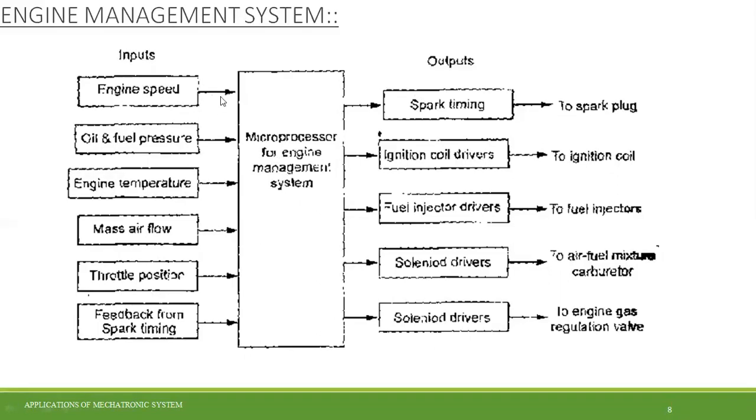First, engine speed has to be maintained. To maintain the engine speed, ignition and fuel drivers and solenoid drivers, all these outputs need to be actuated faster than the normal existing speed, and even oil and fuel pressure.